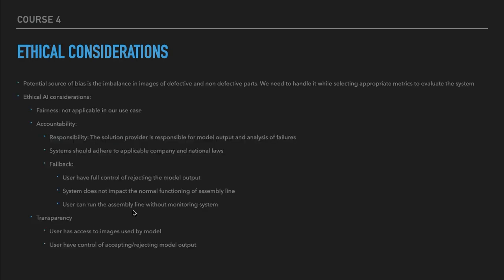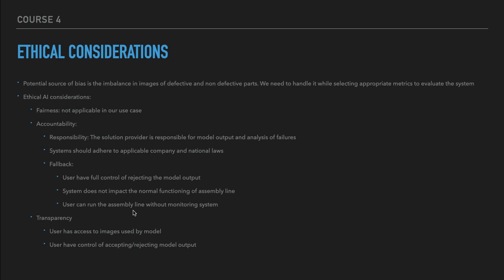Ethical considerations: there are potential sources of bias in the imbalance of images of defective and non-defective parts. This is one of the potential sources of bias, so we have to handle it by selecting an appropriate metric to evaluate the system. Other considerations, like fairness, are not applicable in our use case.